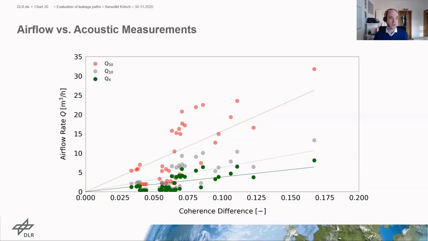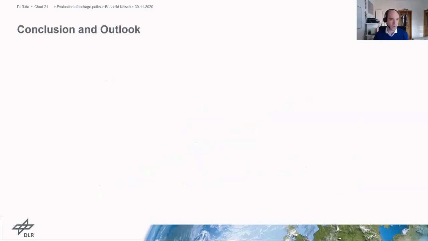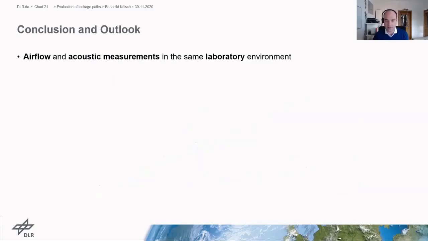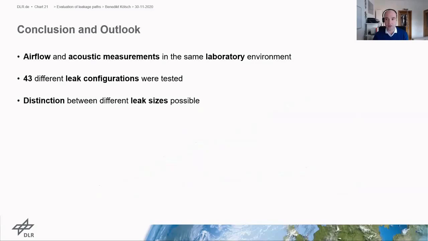So to conclude, we did airflow and acoustic measurements within the same laboratory environment and within the same boundary conditions. We investigated 43 different configurations here, and we saw that a distinction between different leak sizes was possible with the acoustic methods, and it was possible to get at least an order of magnitude of the leak size.